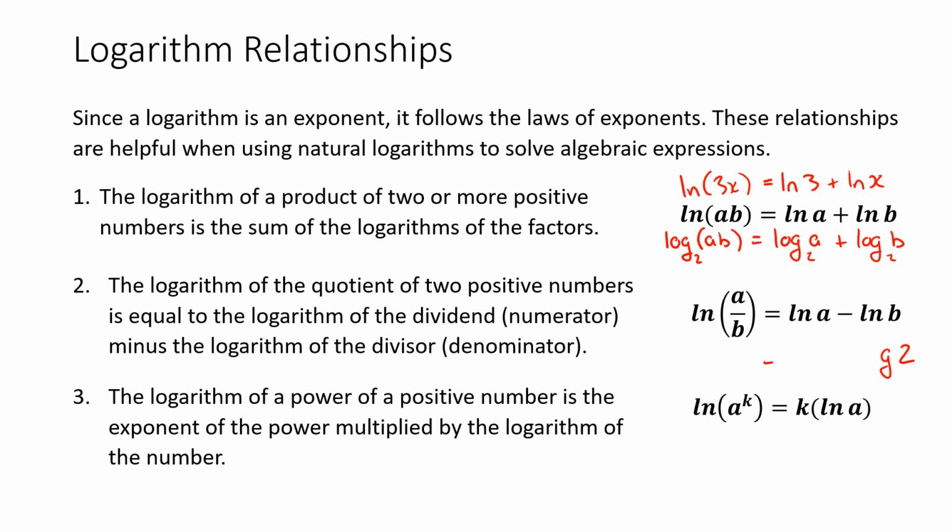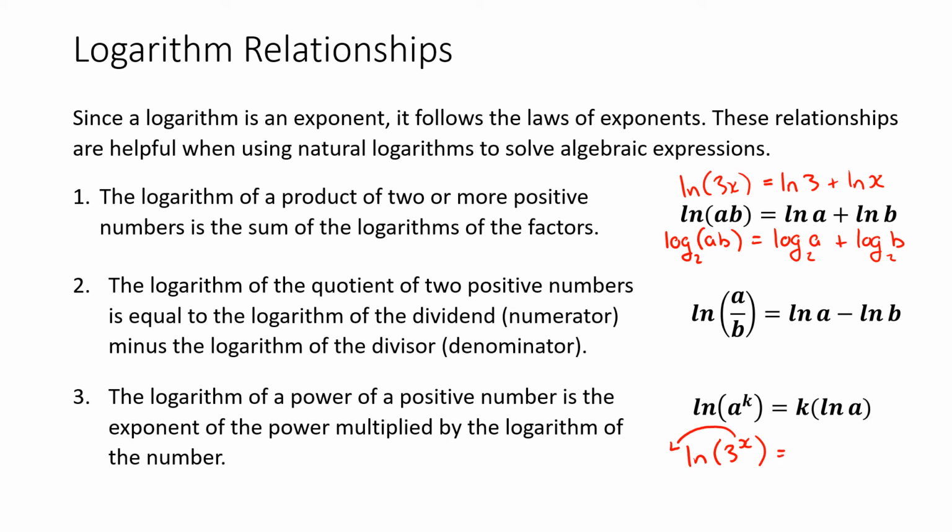The last rule, which is in my opinion the most important one, because it really allows you to solve for a lot of much more complicated expressions, especially expressions where you're trying to solve specifically for an exponent. So if you have the ln of some function raised to an exponent, okay, so let's say the ln of 3 to the exponent x, this rule allows you to move that exponent in front of the ln and multiply it by it, okay?